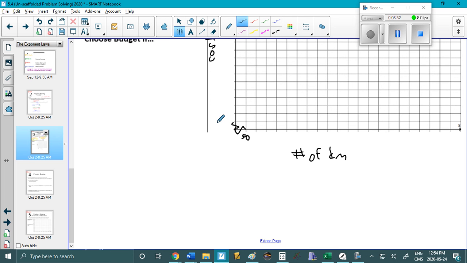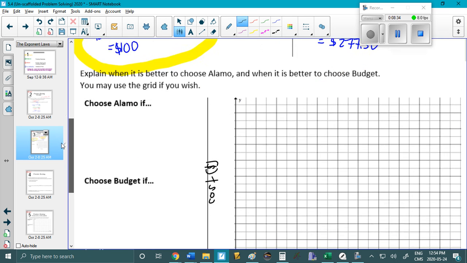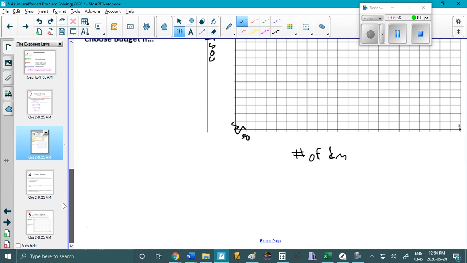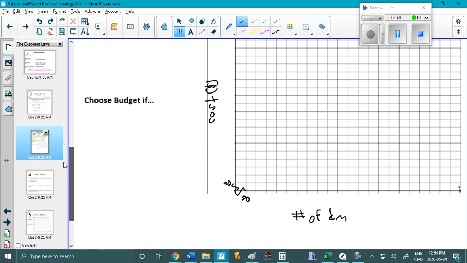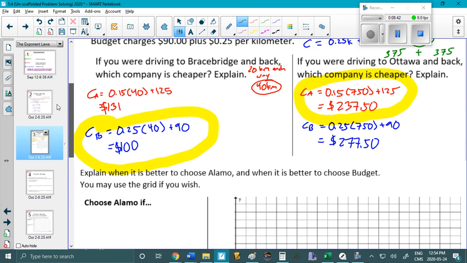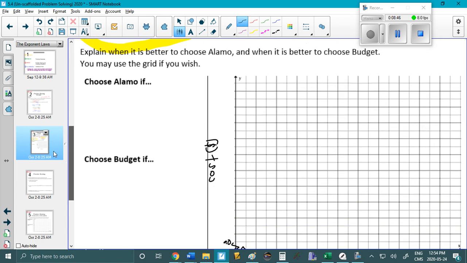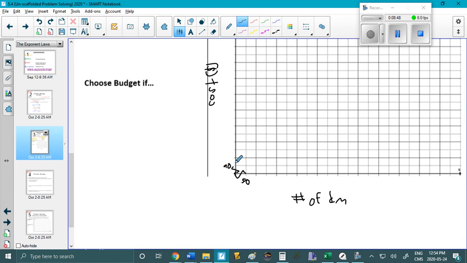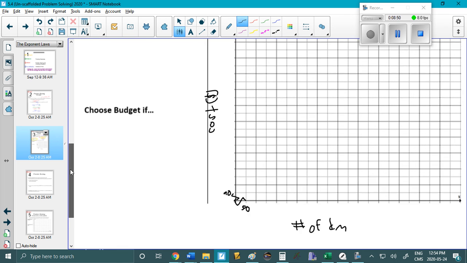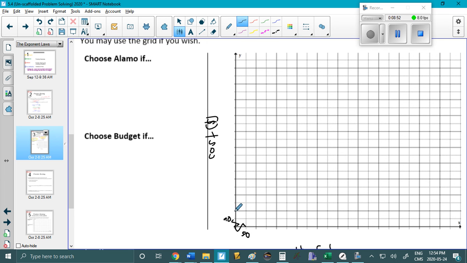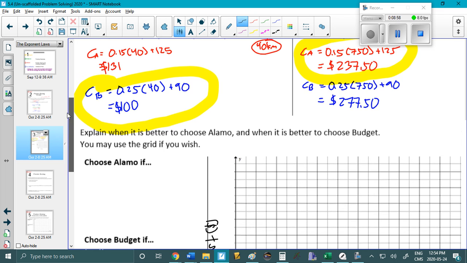And so where did I say I was going to start for the cost? I was going to start at 90, that's right. Okay, so let's go up by, I don't know, tens. So if we go up by tens, we get 100, 110, 120, 130, 140, 150, 160, 170, 180, 190.